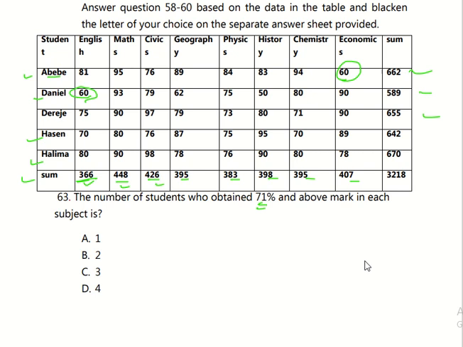Yes, Daraji, it works. And Hassan doesn't work because there is 70, not 71 and above. Halima, okay, it works also. So there are two students, Halima and Daraji. Okay, we have to repeat for the next problem.